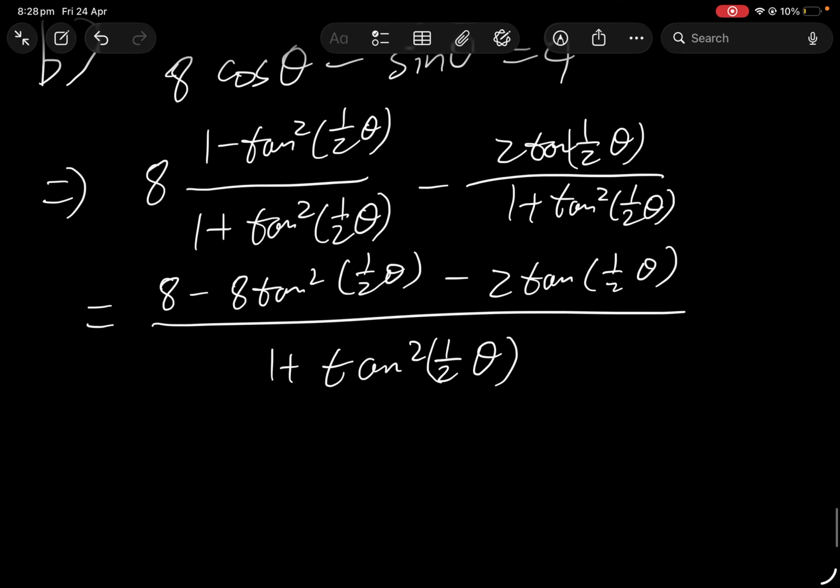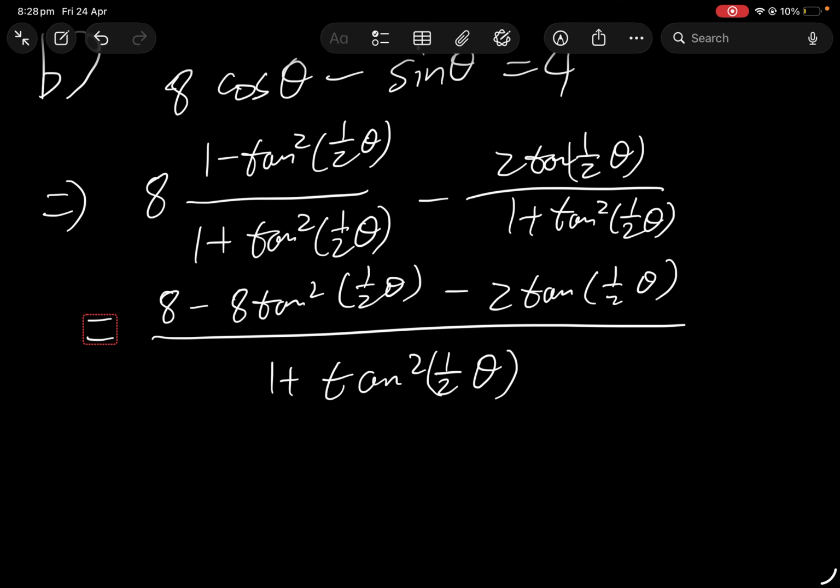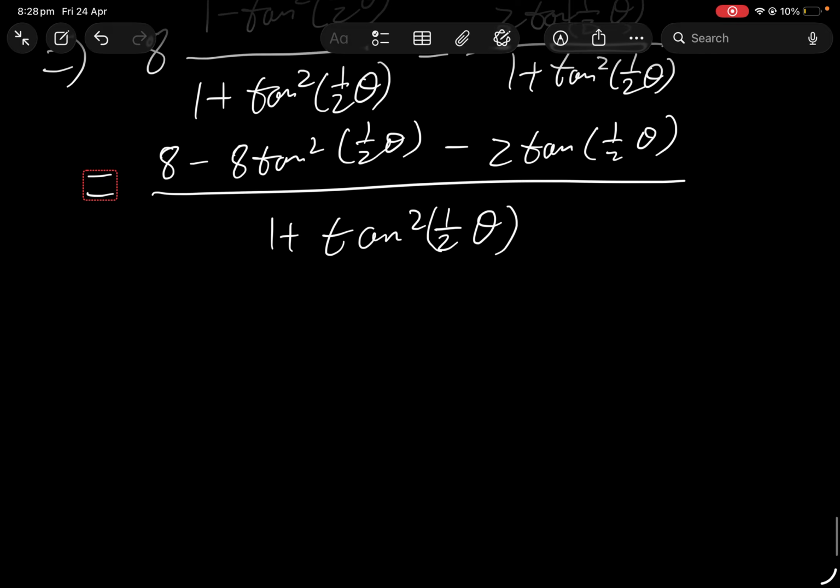So basically this equals to 4, and this equals to 4. Yeah, okay, I am on the right track. So this equals to 4.